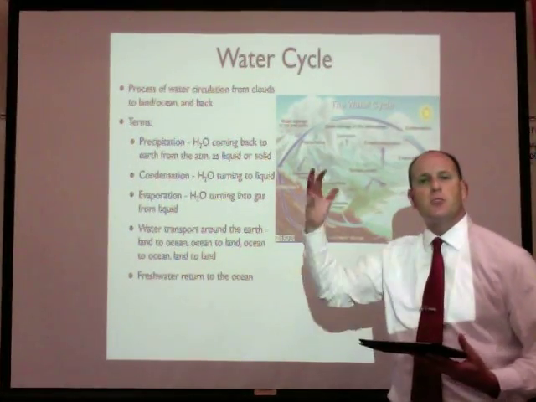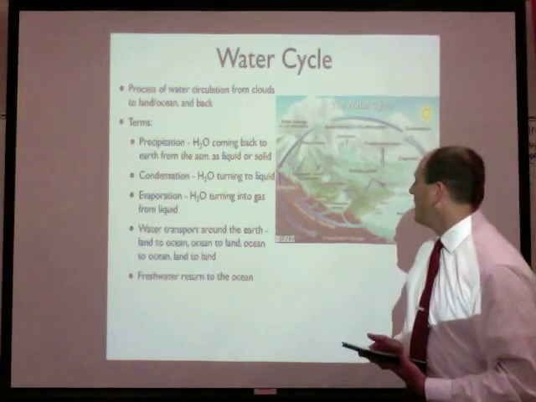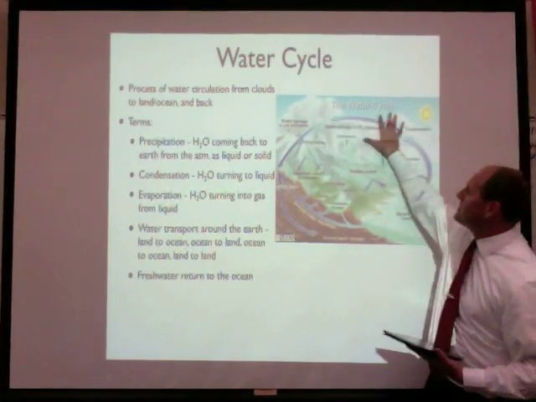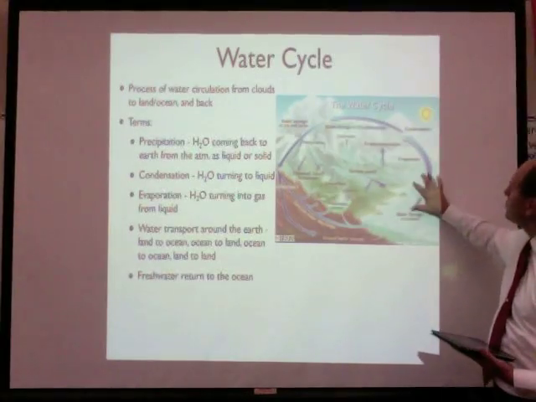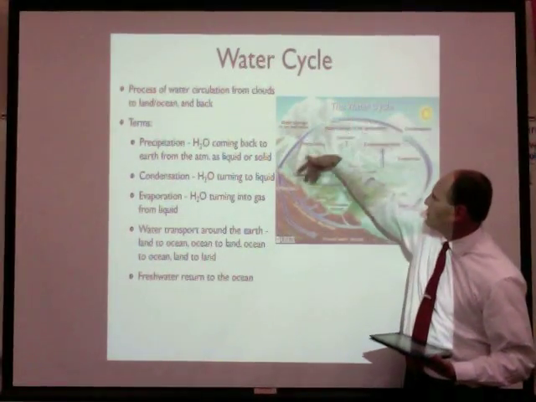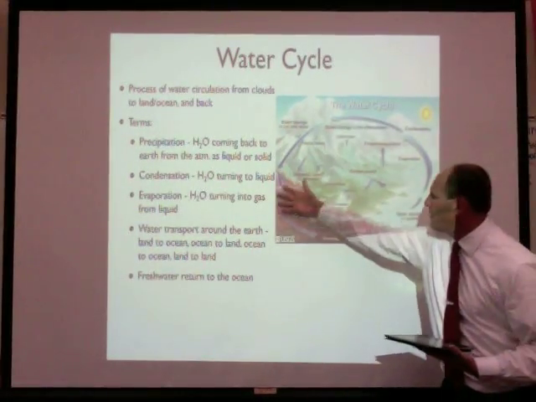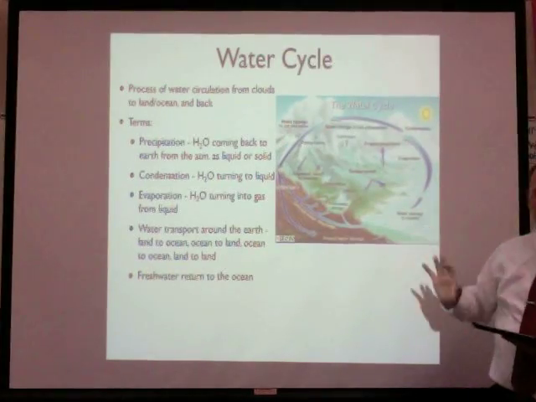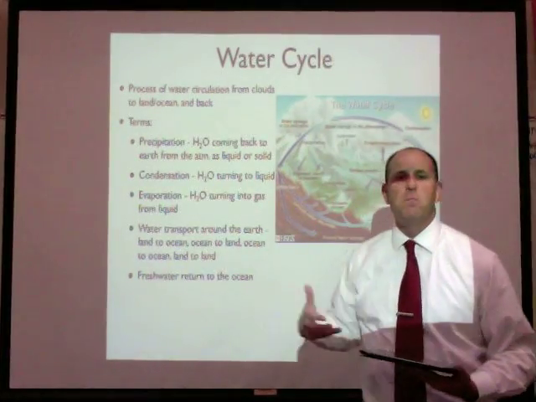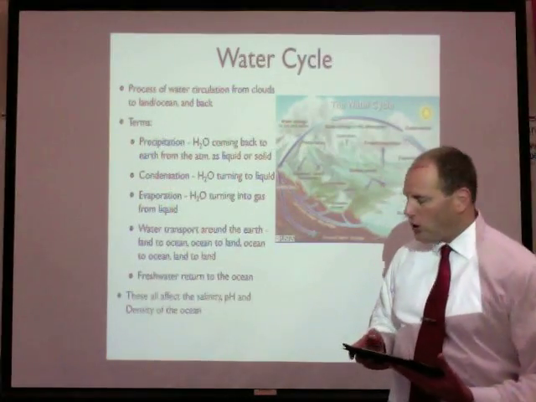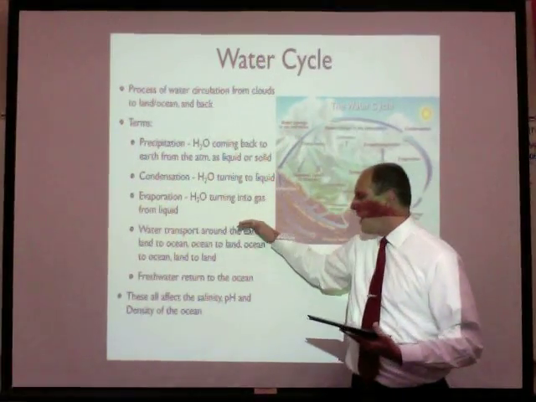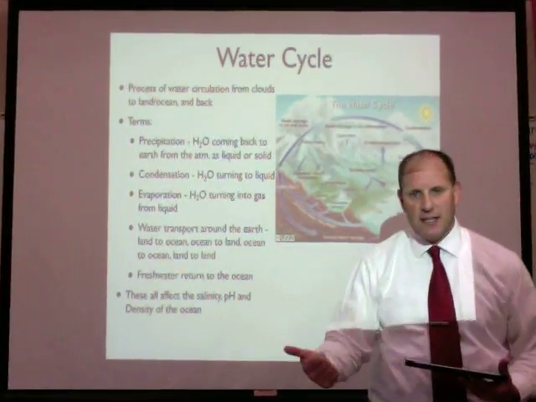How are we moving this water all around the earth? And you can see in the picture here, there's a lot of arrows going all over the place. We've got the ocean out here, we've got evaporation, condensation, precipitation falling down, we've got this groundwater, we have rainfall here. So there's a tremendous amount of this movement of water. And as this water is moving, all of these things here are affecting things like the salinity.